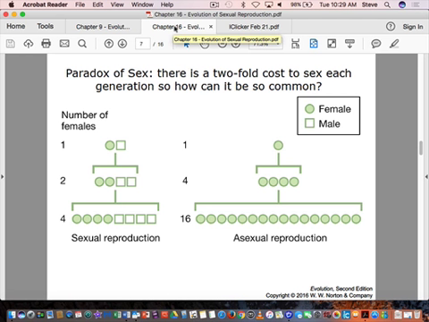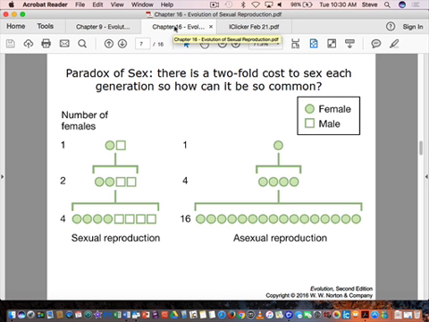Here are the sexually reproducing females, and here are the asexually reproducing females. Okay? So here's the sexual female. Who's she got to be with? A male. Okay? Here's an asexual female. Does she need a partner to produce offspring? Nope. Okay? Haploid fusion of gametes. How many offspring are given rise to by a sexually reproducing female? 4.